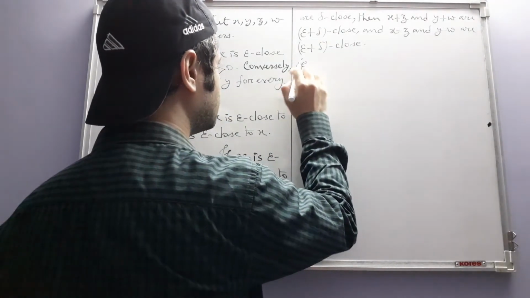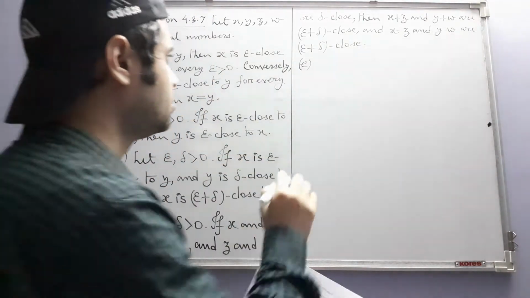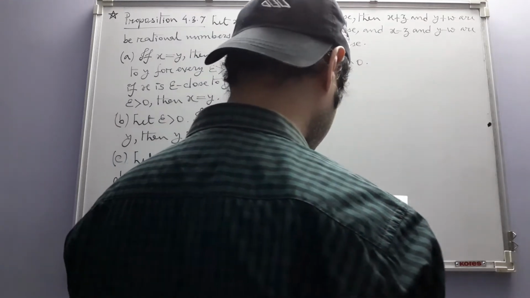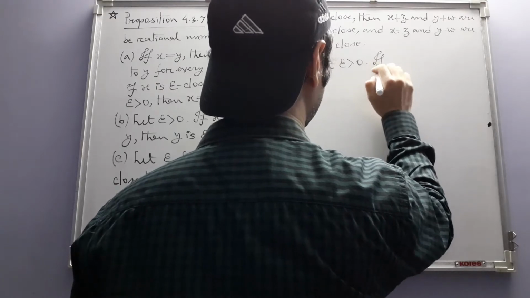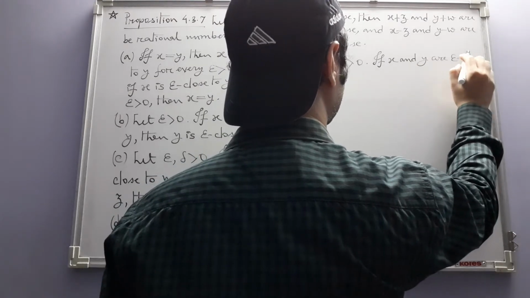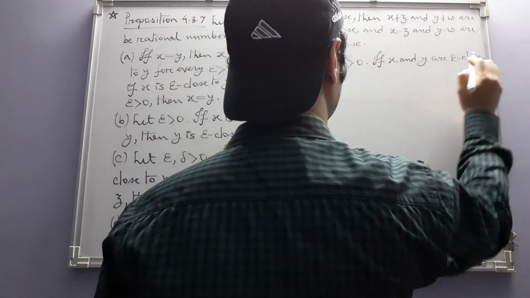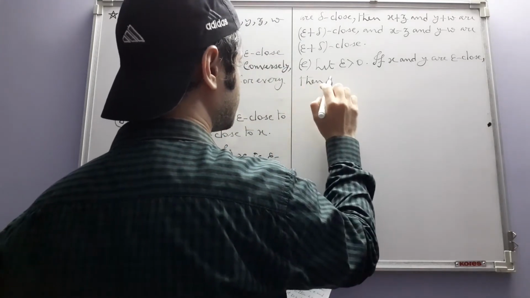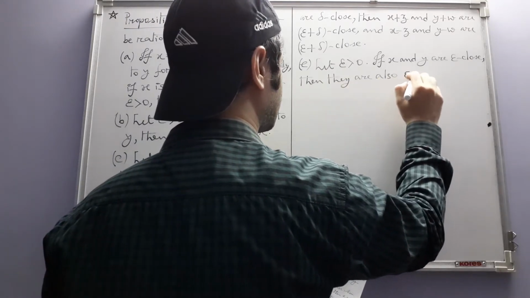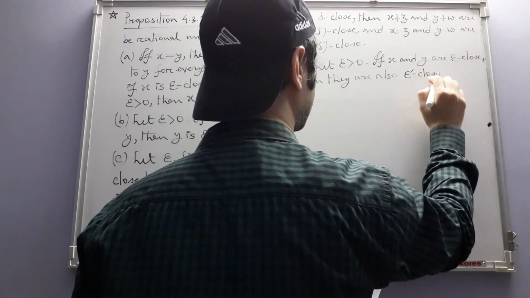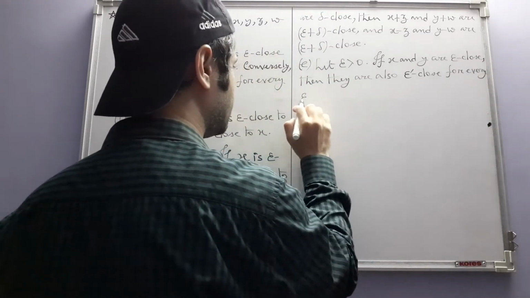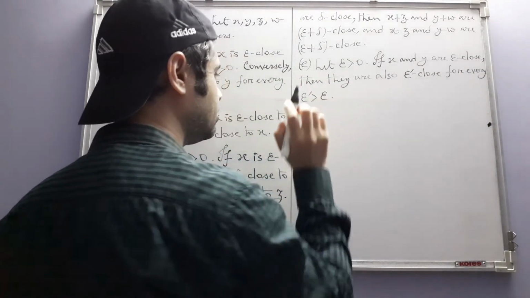Then part E, let epsilon be positive. If x and y are epsilon close, then they are also epsilon prime close for every rational number epsilon prime greater than epsilon.